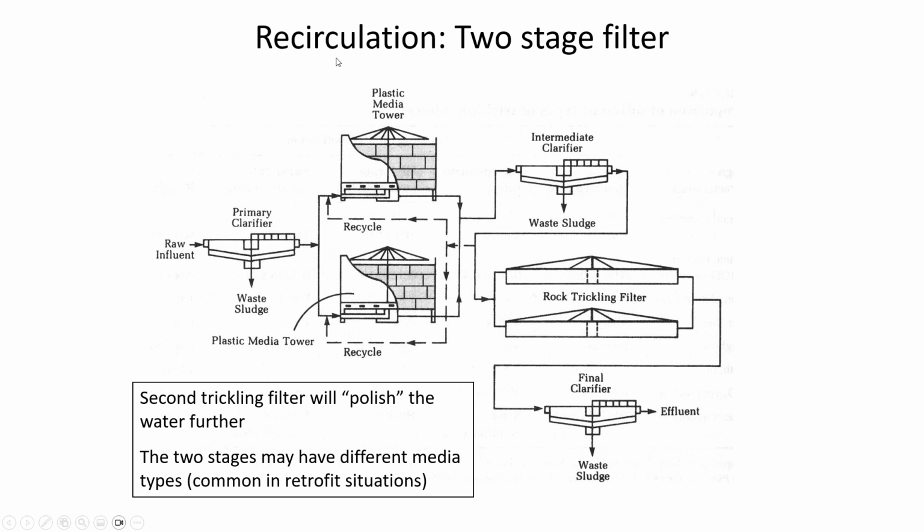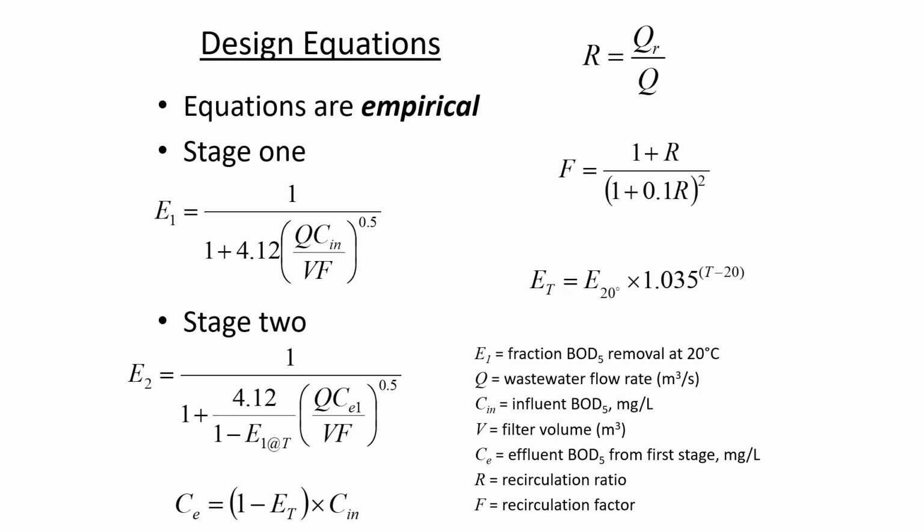Half of the flow would go through one of the first plastic media towers, half of the flow is going to the other, and then it goes through a clarifying process where whatever sloughing occurs in the first stage trickling filter will settle to the bottom, and that's where the waste sludge comes from. But then the water that comes off of the intermediate clarifier, some of it's recirculated, but then it's sent through a second trickling filter to further polish and bring down the BOD even more.